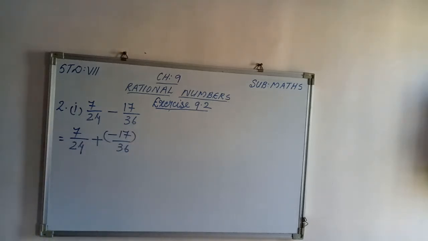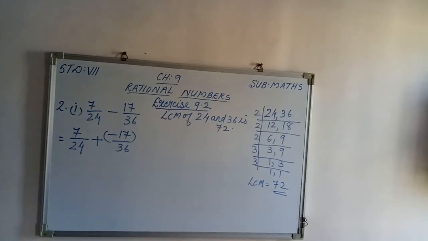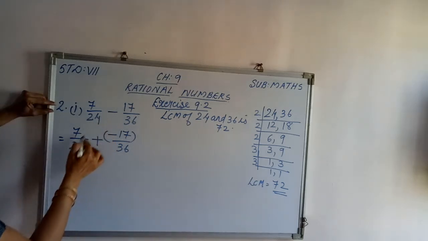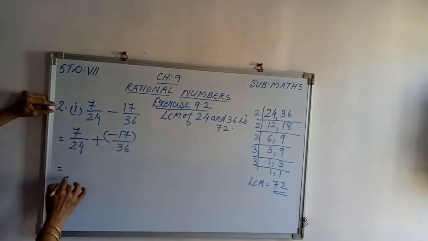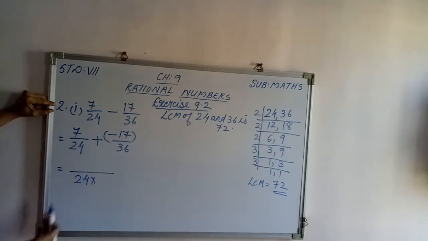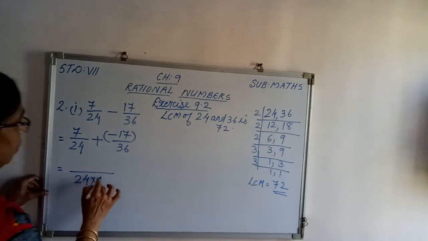Okay. Now find out the LCM of 24 and 36 and keep the denominator the same. That means keep the LCM as the denominator and then add. LCM of 24 and 36 is 72. So here how to do it? How to change 24 to 72? Which number do you have to multiply? 24 multiplied by 3.